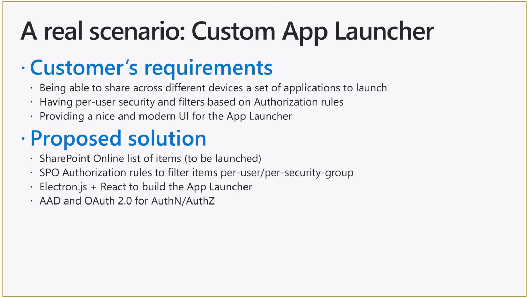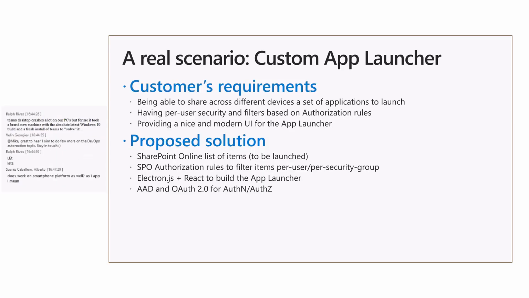So the proposed solution that we created, and that I will show you in a matter of few seconds, is a solution that stores the app launcher items in a SharePoint Online list, so that by using a collection of items in a list, we can use the SharePoint authorization rules and the access control lists of SharePoint to filter items based on the currently connected user.